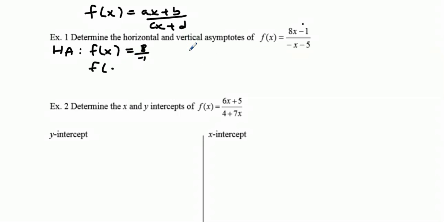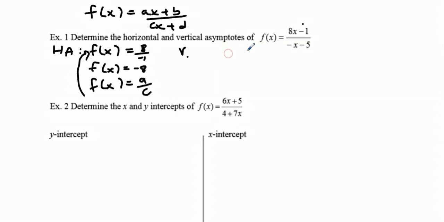So f of x equals negative 8. So we've got a horizontal asymptote way down at negative 8. I should have maybe, for your benefit, written f of x equals a over c. So that's the formula. I try not to remember the formulas too much, but for the horizontal asymptotes, you kind of have to take my word for that one.